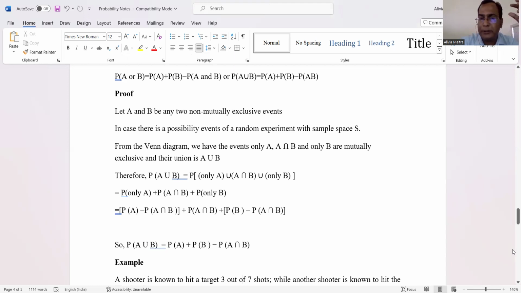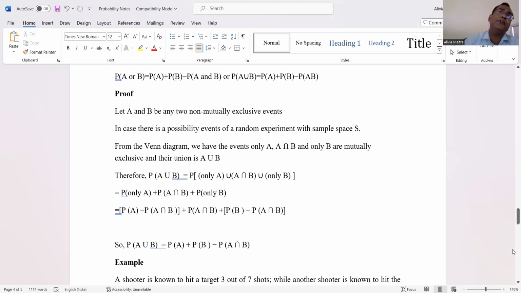probability for the event only A, union probability of A intersection B, and union only event B. So only A, union with A intersection B, union with only event B. But as already explained, in a Venn diagram such events are independent events.